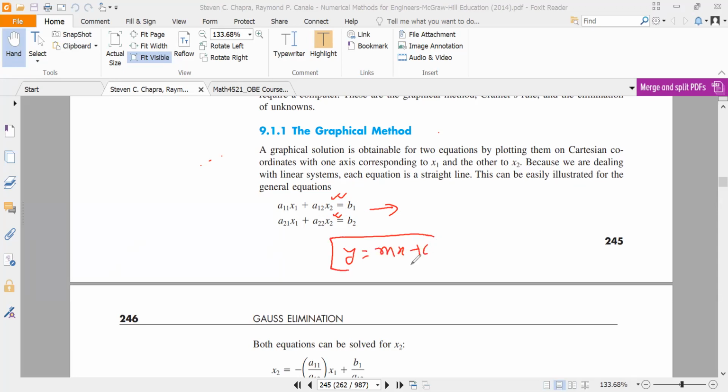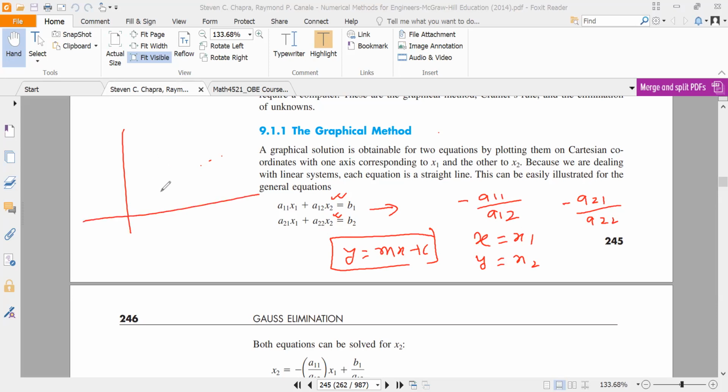You form this equation, where your x is equal to x1 and your y is equal to x2. In this case, the slope of equation 1 would be equal to what? Minus a11 divided by a12. The slope of your second equation will be equal to what? Minus a21 divided by a22, isn't it?